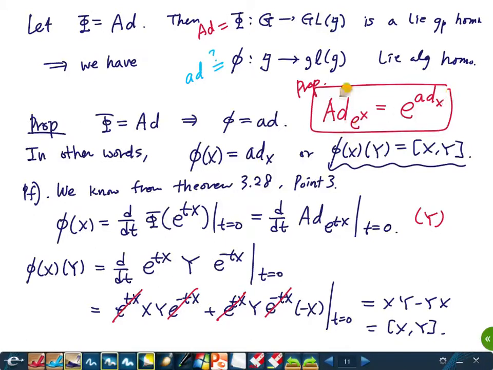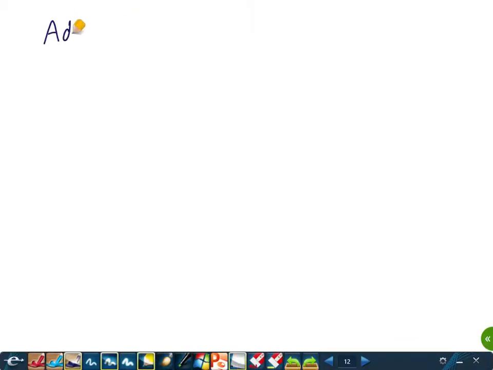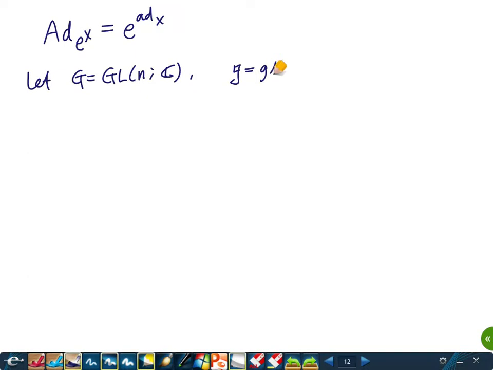Let's see an interesting consequence of this. Let me rewrite that: Ad of e to the x equals e to the ad x. Let's consider this particular case, GL(n, C), the set of all n by n matrices or linear transformations.